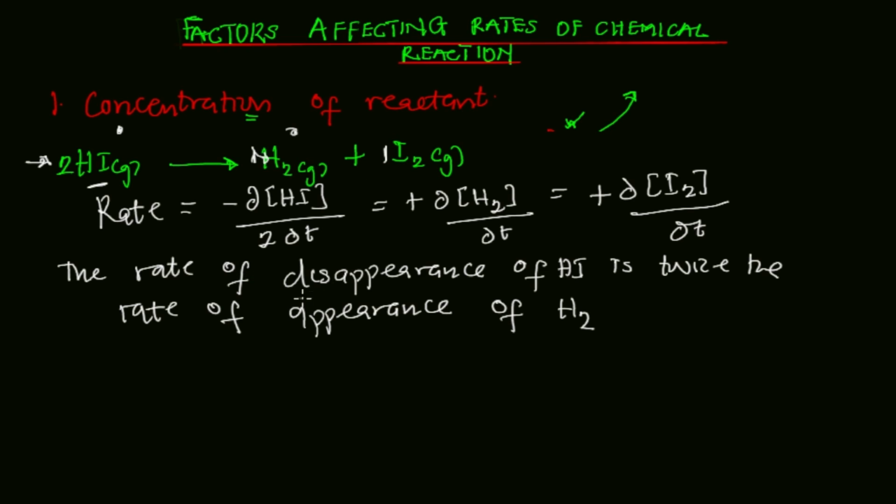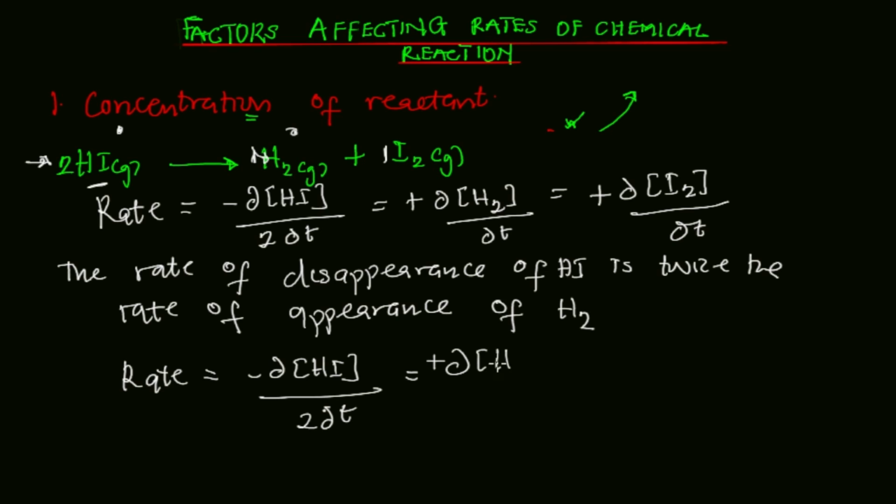So another thing I would like to write out is the rate expression with respect to H2. So when I'm writing it, I'm going to have the rate equal to negative change in HI divided by 2 change in T, equal to positive change in concentration of H2 divided by change in T. That is when I'm relating hydrogen iodide and hydrogen gas together.